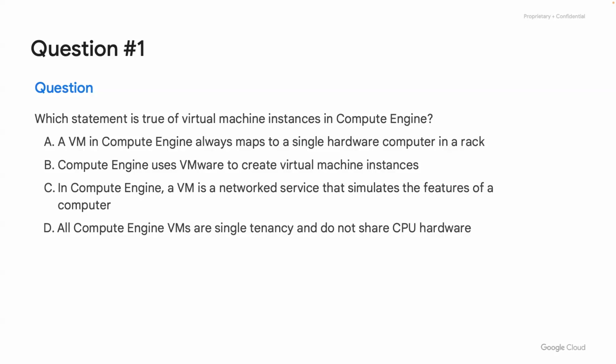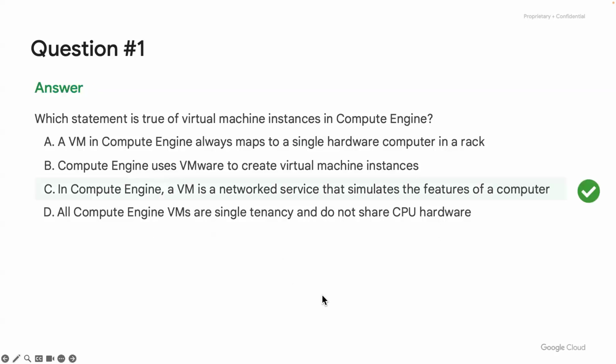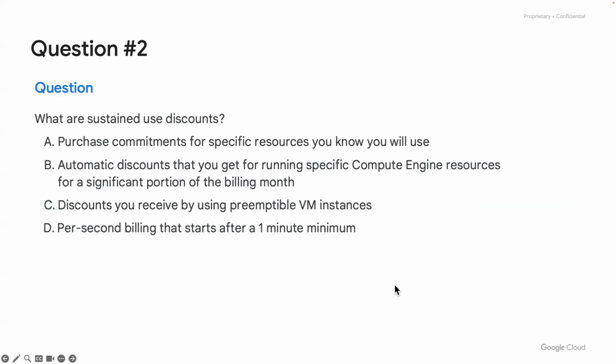A. A game computer always maps to a single hardware computer in a rack. Okay, let's see. A little tricky question, but it's fine. Sustained use discount.